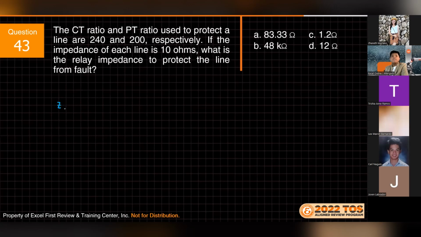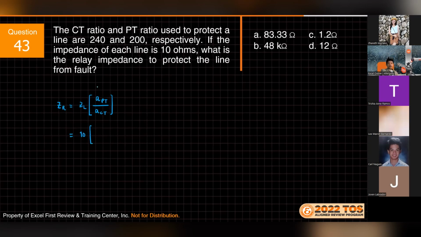So ZR is equal to Z line, and then we are going to multiply it by the ratio of the potential transformer over the current transformer.